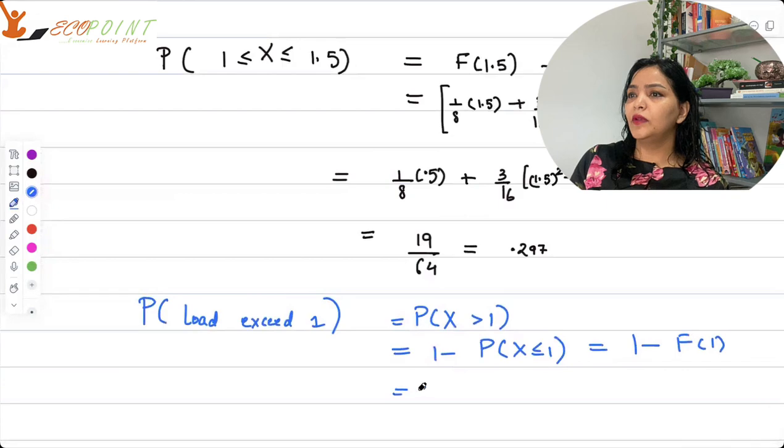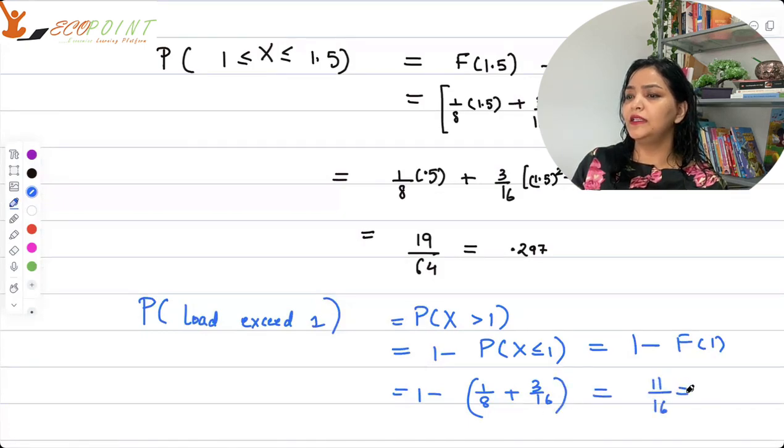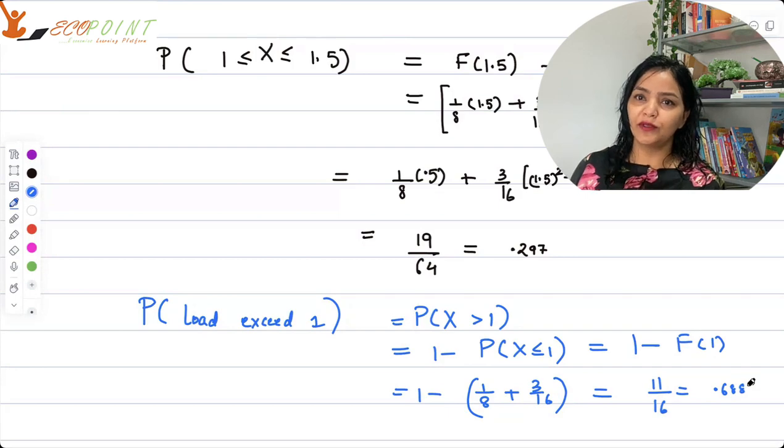So that is simply 1 minus 1 by 8 plus 3 by 16, which turns out to be 11 upon 16, that is approximately 0.688. That's how we can use the CDF in order to find the probabilities.